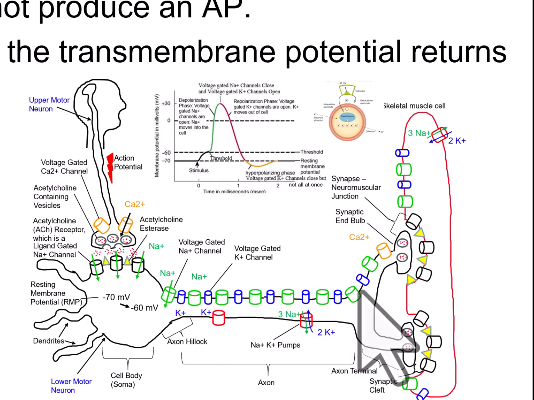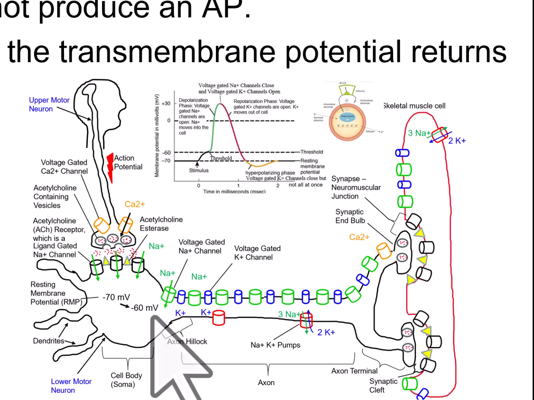They're found all the way down the axon, but that's where they begin. So we say that action potentials start at the axon hillock, but you've got to get that voltage-gated sodium channel to the voltage that it opens. And how do you get it to that voltage? It's the sodium that's coming through those ligand-gated sodium channels, those acetylcholine receptors, that brings it to threshold.